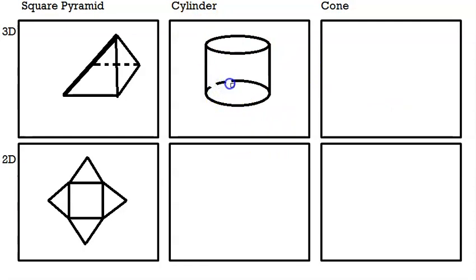Now, I think what I really like about drawing nets for a cylinder is you can actually visually see what's going on. If you've ever been bored, and if you've ever pulled the label off of a can or anything like that, you can sort of see what's going on here.